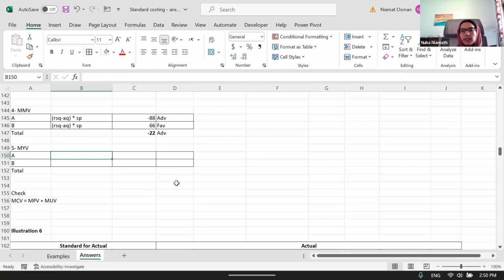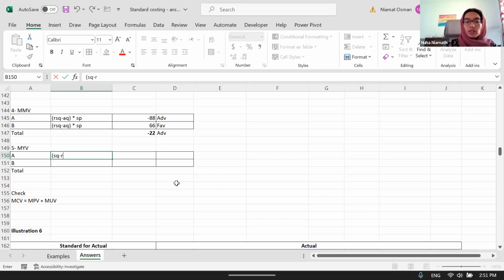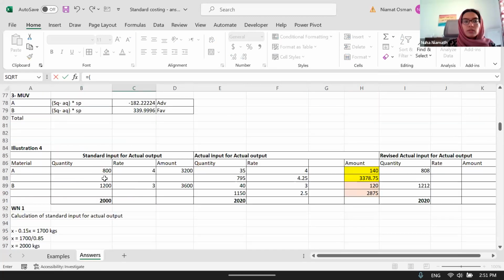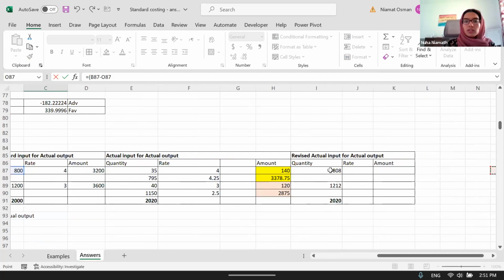Perfect. Okay, yield variance formula quickly. Yield is the difference between which two? SQ and RSQ. Okay, so SQ minus RSQ into SP. So that will be 800 minus 808.